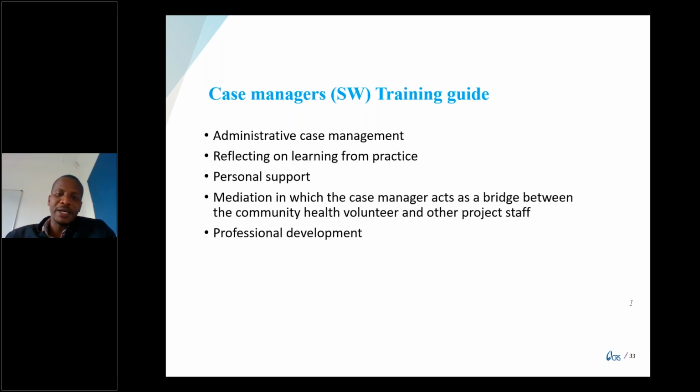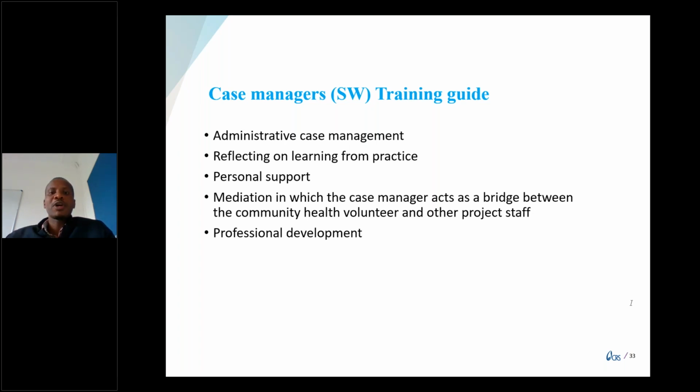and they can use that to impact more on the supervisees. Then personal support, ensuring that they provide emotional support, especially to the community health volunteers. And they also have a mediation role, ensuring that they mediate between the community health workers and other staff, because each and every staff would want to use the community health volunteers.